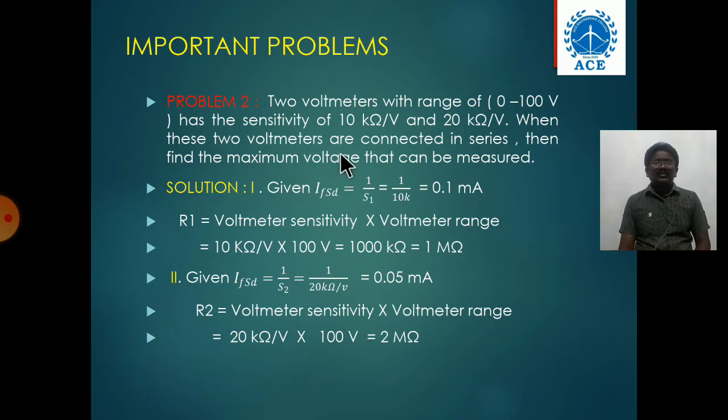So here you have to calculate the values of the resistances R1 and R2 using the sensitivity values. Already given, first meter sensitivity is 10 kilo ohm per volt. Both are connected in series.